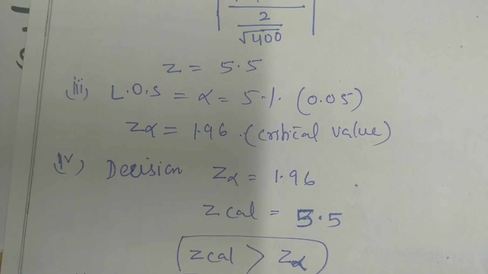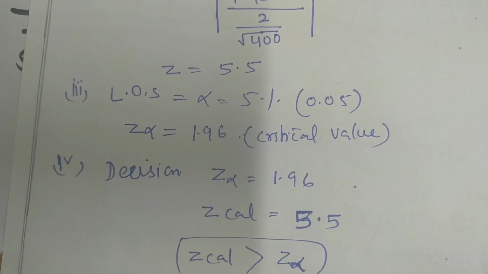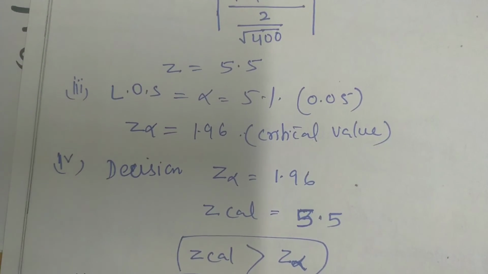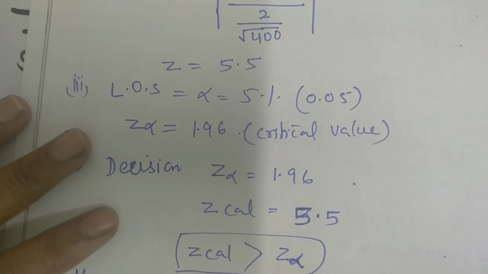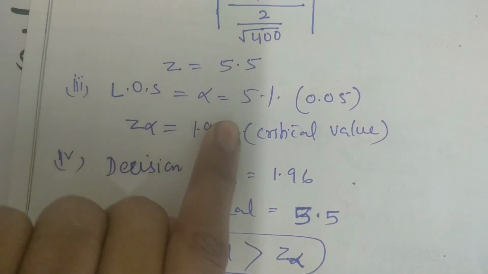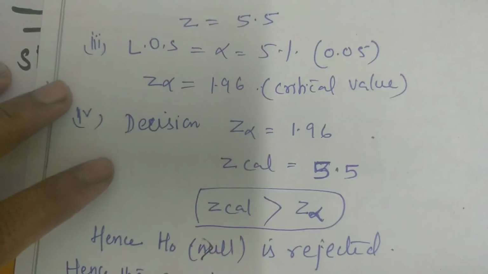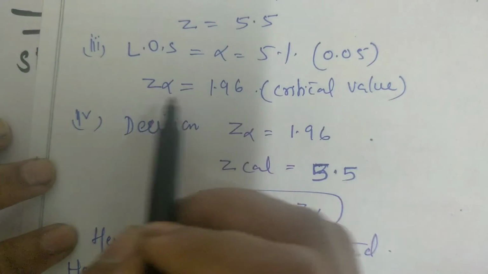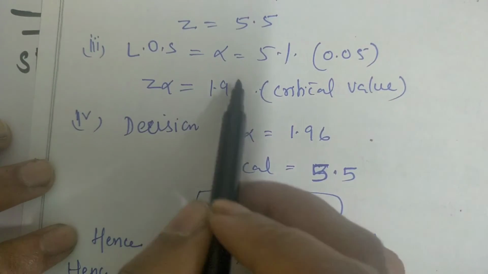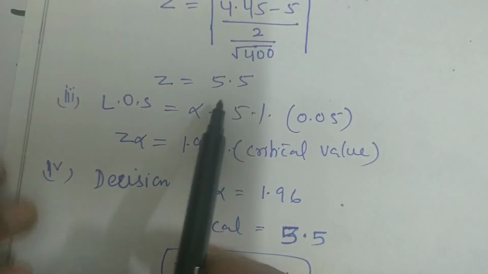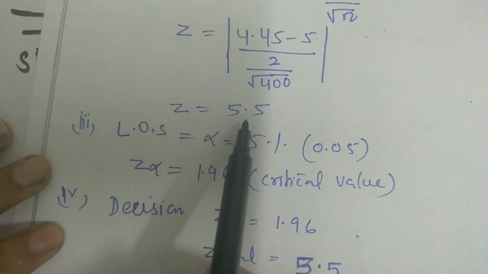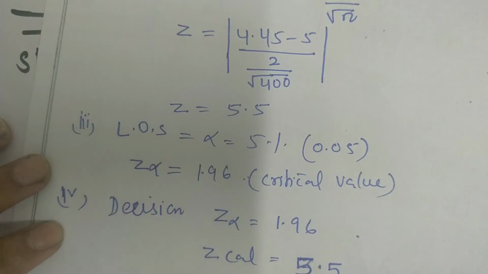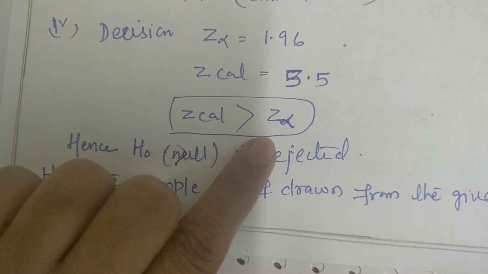Now here the level of significance they have not given, so you have to consider it as 5%. So at 5% level of significance, what is the Z alpha value? That is 1.96. So you can see the Z alpha value is 1.96 and the calculated Z value is 5.5, so the calculated value is greater than the alpha value.